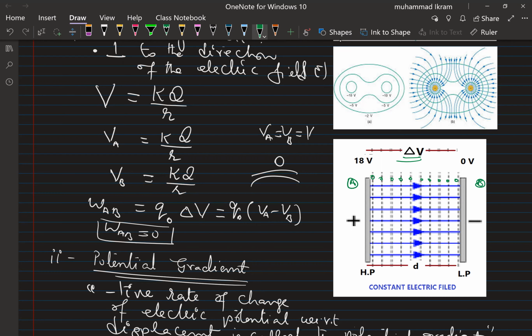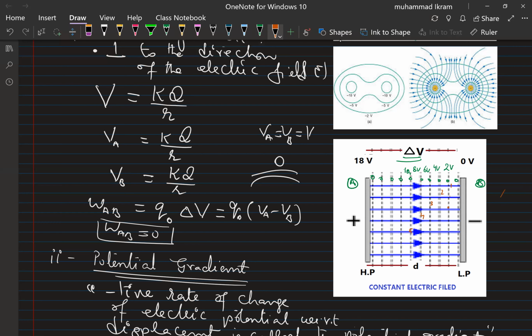Now if I label the lines as 2 volt, 4 volt, 6 volt, 8 volt, 10 volt, and so on, and call them line 1, line 2, line 3, line 4, and line 5, every point on a line has the same potential: here 2 volt, here 4 volt, here 6 volt.